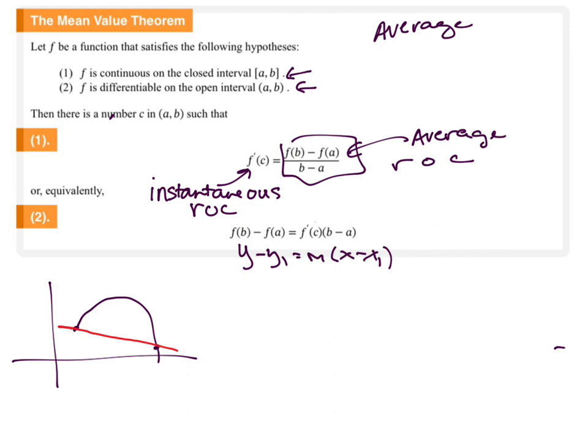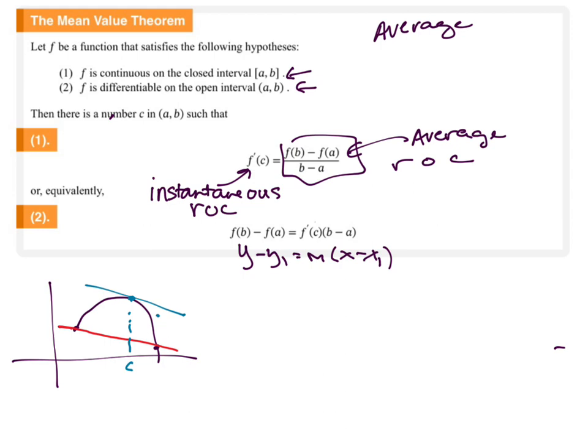The mean value theorem says that there exists some point on this curve where if I took its derivative, I would get the same number. That's as parallel as I can do on a graph. There is some point on this curve C where the tangent line slope is equal to the slope of the secant line.